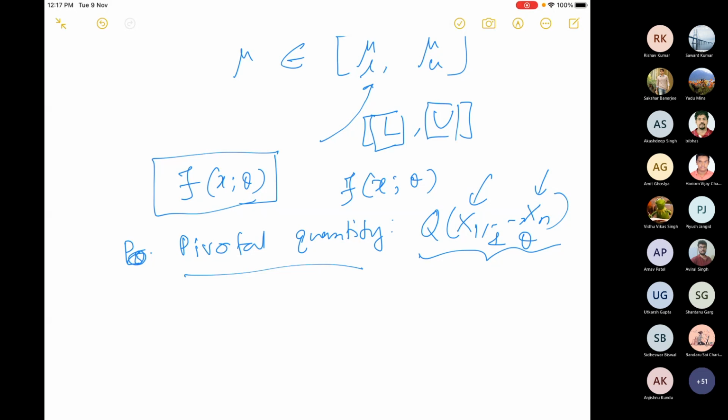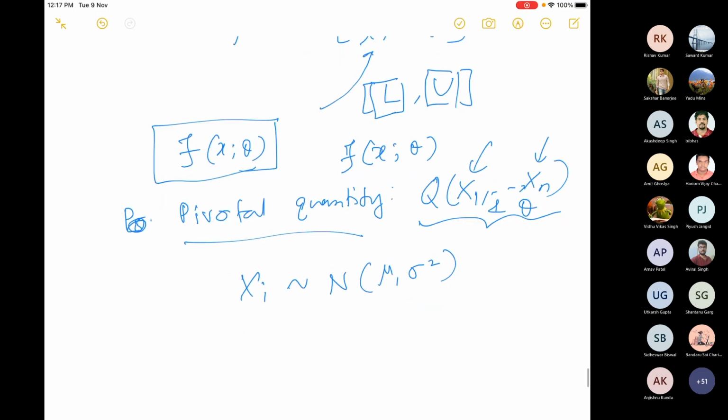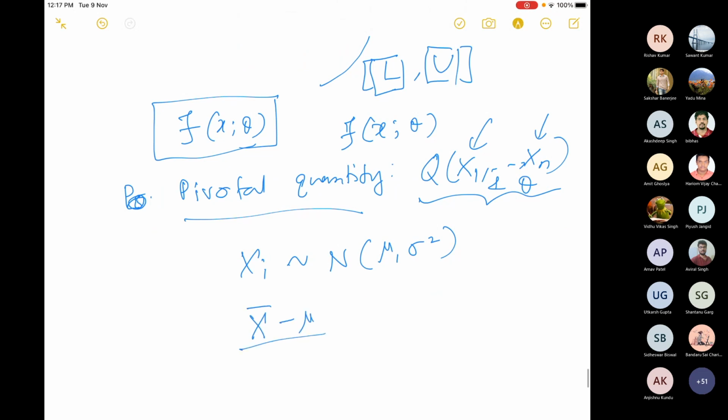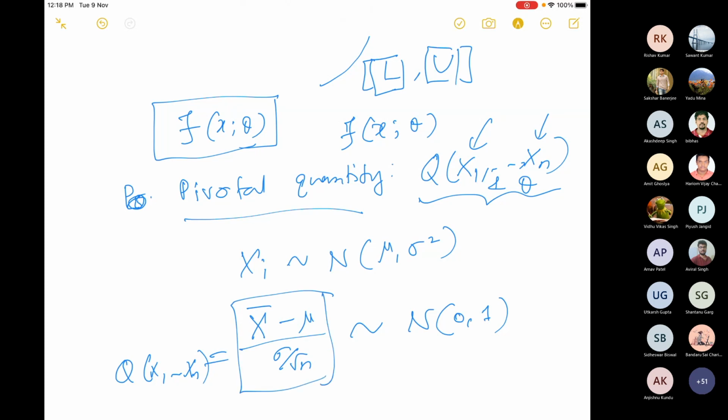We have seen that if the xi's are normal with mean mu and variance sigma square, then (x bar minus mu) by (sigma by root n) is a pivotal quantity of x1, x2, xn, because its PDF is standard normal, which is independent of mu and of sigma square.